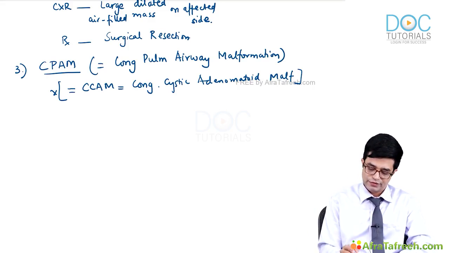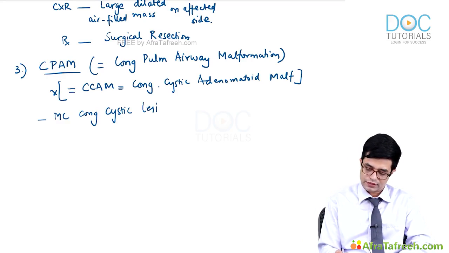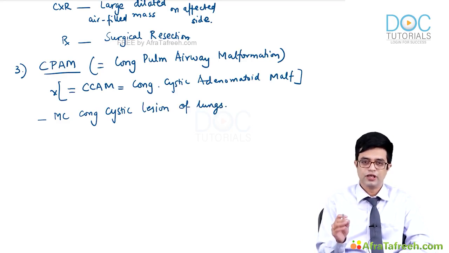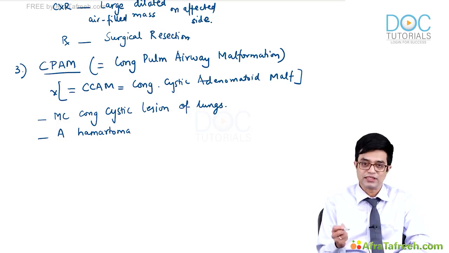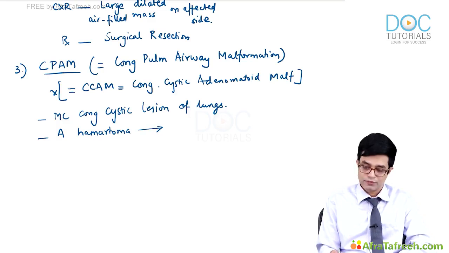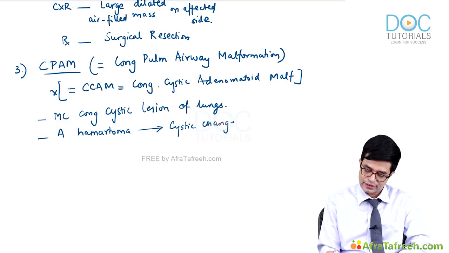CPAM is considered to be the most common congenital cystic lesion of the lungs. What exactly is it? It is a hamartoma or a dysplasia which is responsible for cystic change in the affected site.